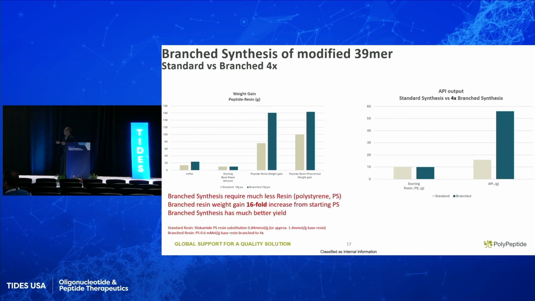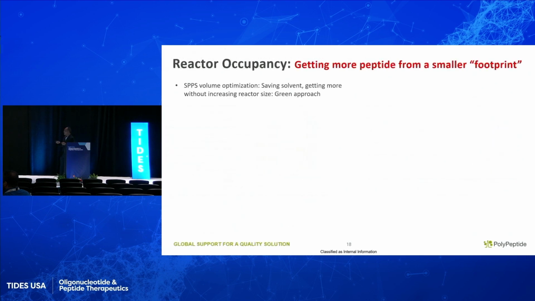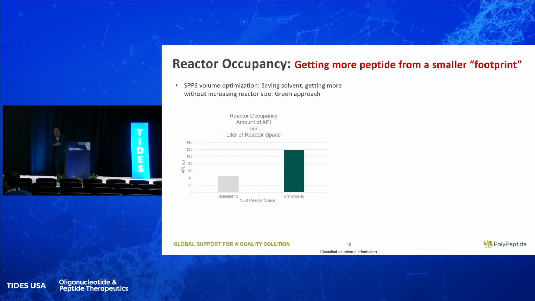Now let's look at the volumetric side. Let's consider the reactor occupancy side of this synthesis. This is standardized to 1 liter of reactor volume space and how much purified API we are getting out. On your left-hand side in gray is a normal synthesis.